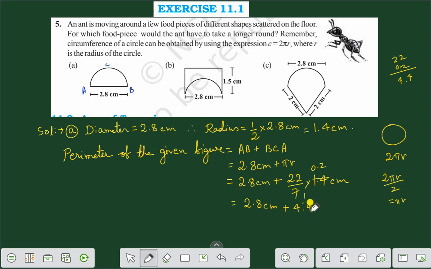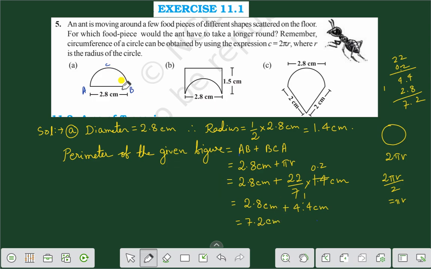We add this one, 4.4 with 2.8. 8 plus 4 is 12, carry 1; 4 plus 2 is 6, plus 1 is 7, that is 7.2 centimeter.